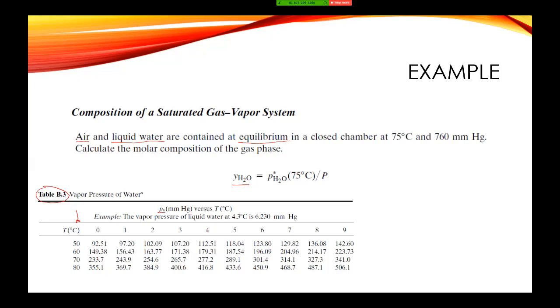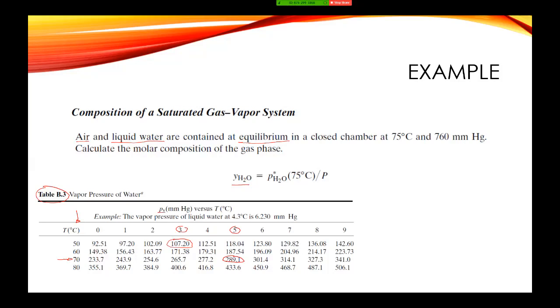If you want 53 degrees, you go to 50 and then to 3, and the value will be 107.2. But in this case we have 75, so 70 and 5. That tells us that the vapor pressure of water at 75 Celsius is 289.1 millimeters of mercury.